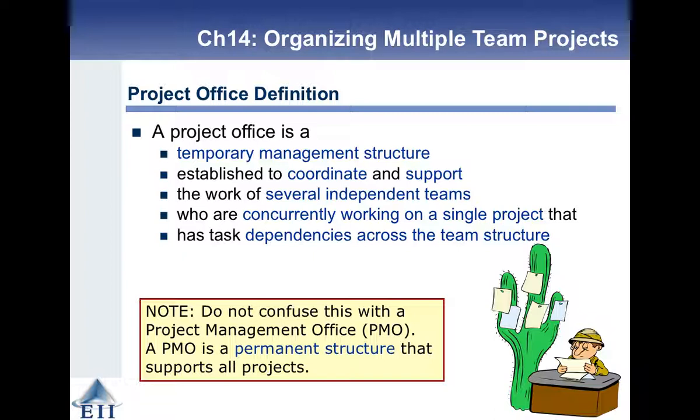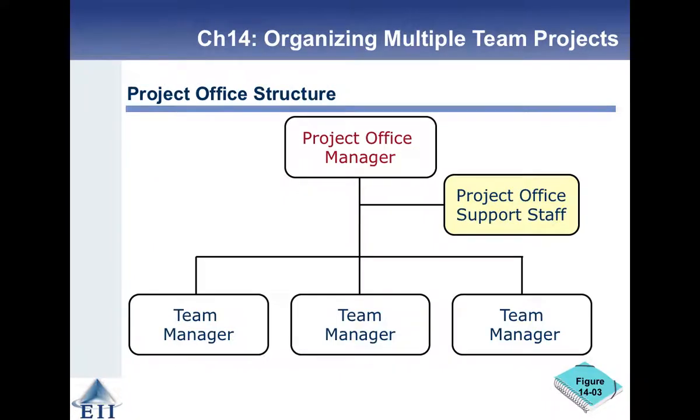It's going to coordinate the work of several independent teams, and they're all working on a single project, and there are tasks with dependencies across the team project. This is not the same as the project management office, right? This is a temporary thing. A project management office is a permanent structure that the company puts in place to support project management, right? And it's sticking off the side there.